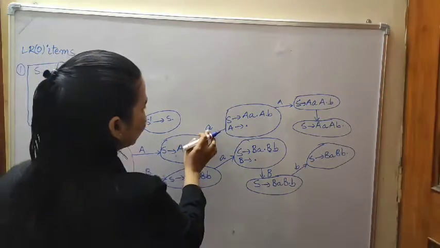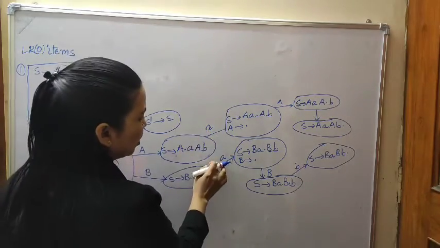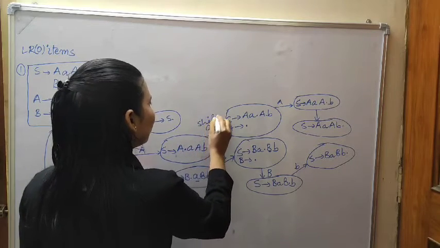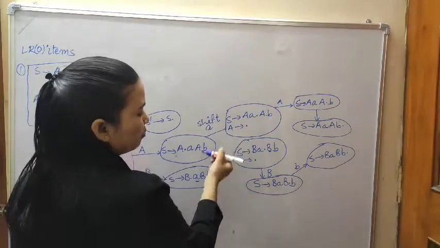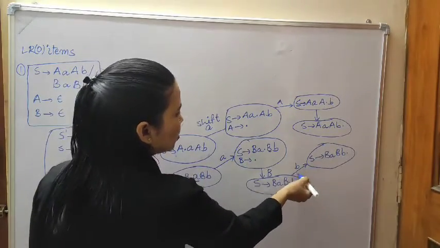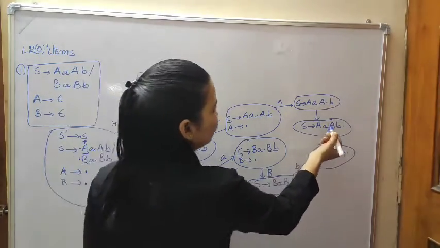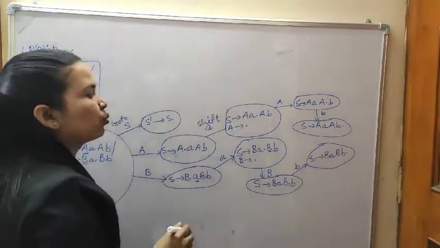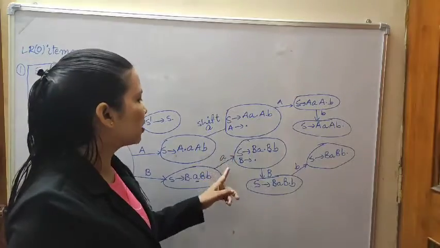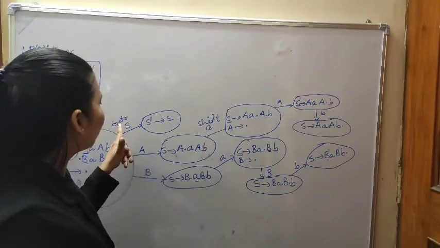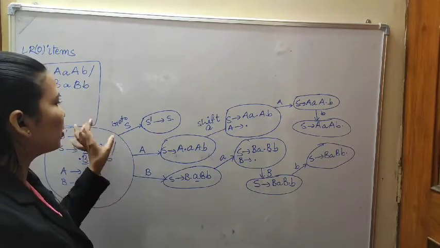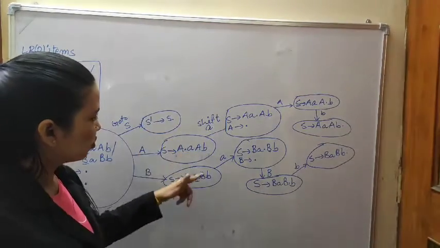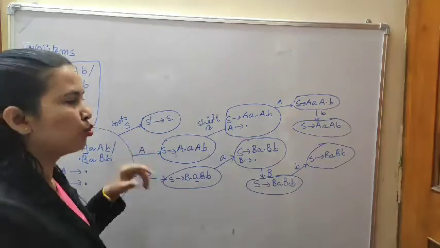And here is the terminal variable. This is called the shift part. It is shifting. B is shifting. So whenever a terminal variable is given, it is called shifting. If a non-terminal variable is given, that is called the go-to part. When we close the diagram, it is called closure.